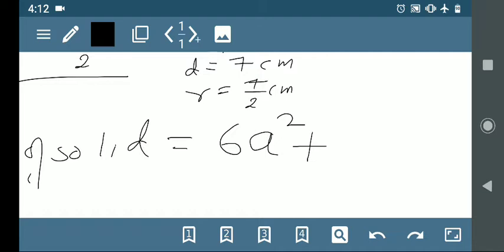Because on cube, what we are placing? We are placing hemisphere. So here we need to mention CSA of hemisphere. The CSA of hemisphere is 2 pi r square. Right? Cubical block is over, total surface area, and CSA of hemisphere is over.